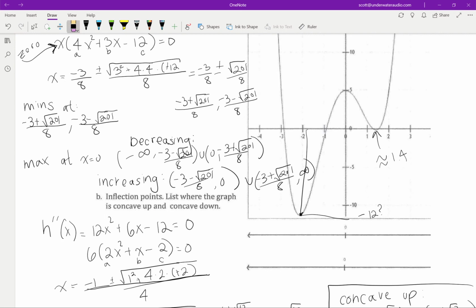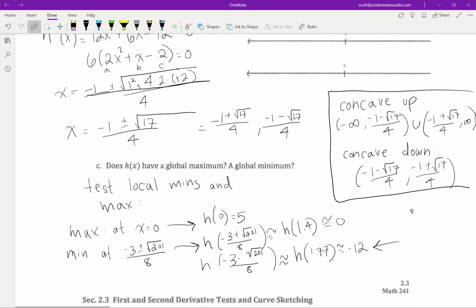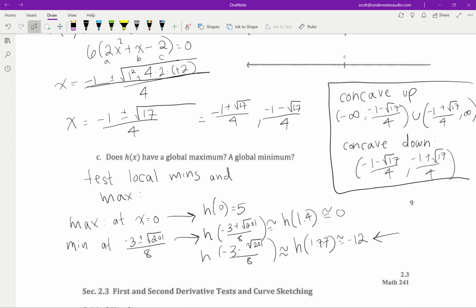You could look at concavity too. It's concave up to a certain point, -1 minus 17, and then it's concave down in between, and then concave up again. So I'm pretty confident it looks like a W, and I also know that it's decreasing from negative infinity to some point in here, and then it's increasing onward after that.